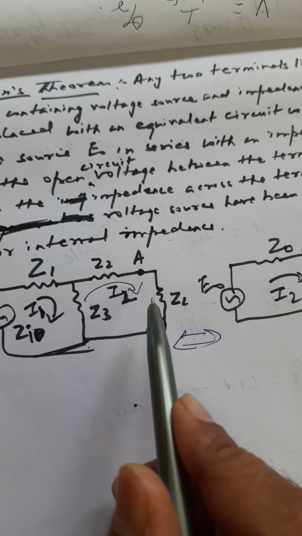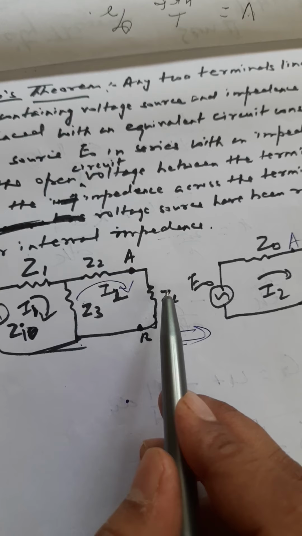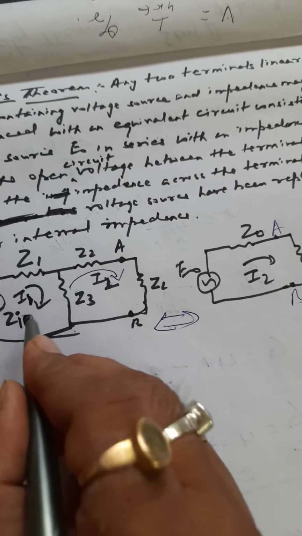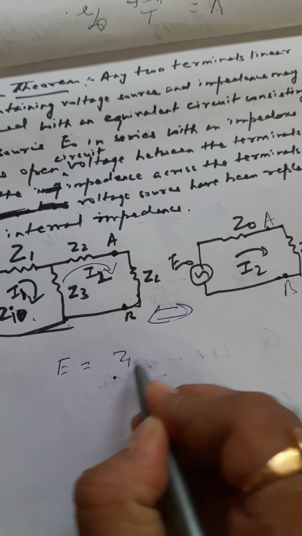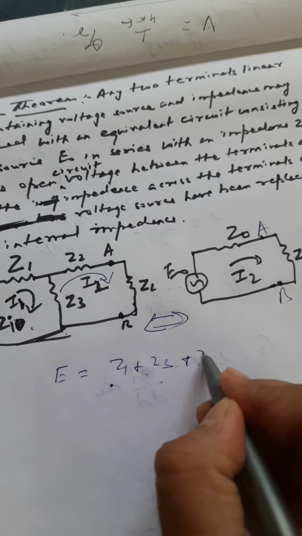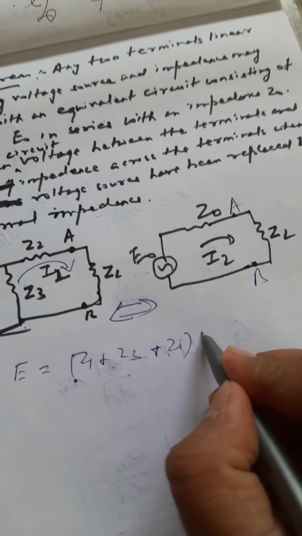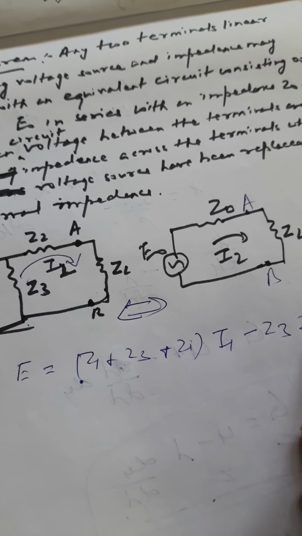If we have just placed this load impedance over here, then writing the mesh equations again using Kirchhoff's law, we get for the first mesh, E equal to (Z1 plus Z3 plus Zi) into I1 minus Z3 into I2.